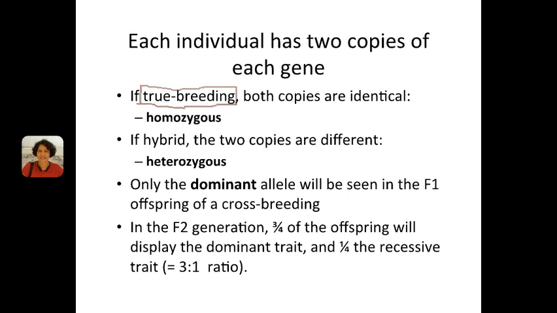That is true breeding. In those individuals, both copies, both alleles for the height characteristic are identical, and that individual is then homozygous at that locus. If the individual is a hybrid, it means that it has two different alleles. The two copies of that gene are different, and that is also known as being heterozygous.